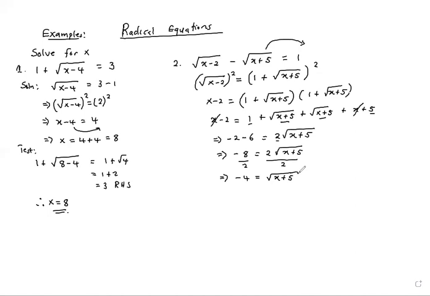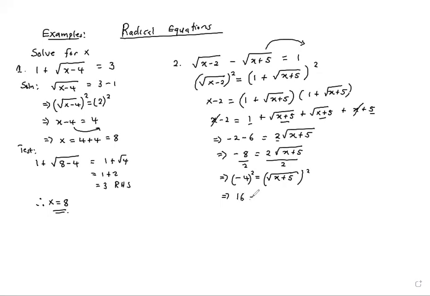Normally, when the root is equal to a negative number like that, when the root is positive, it's a signal that there might be no solution here. So we'll try, let's square this and square this.